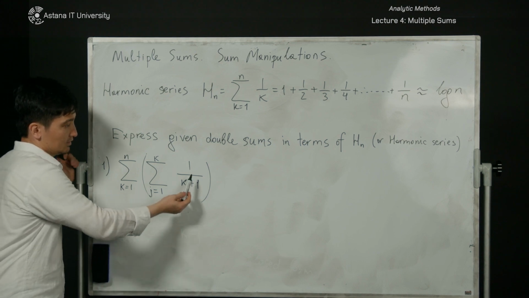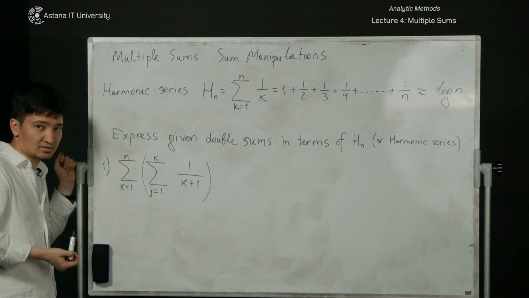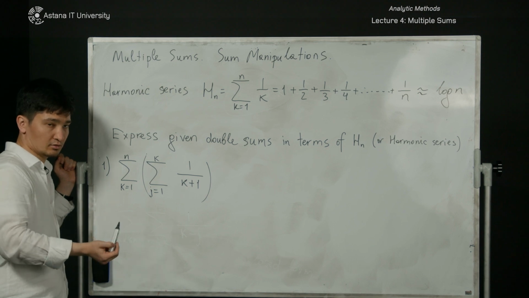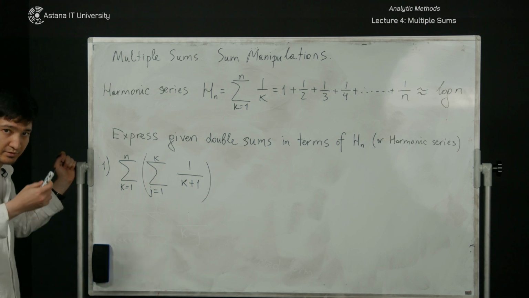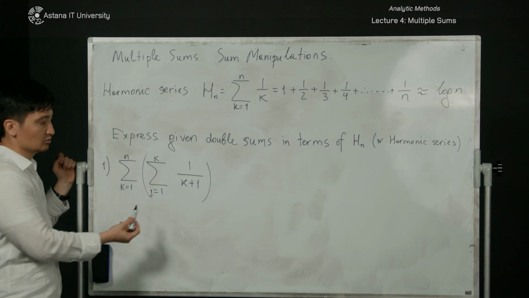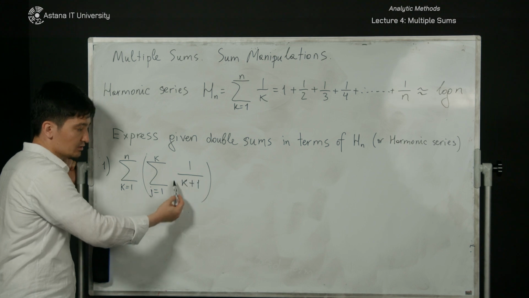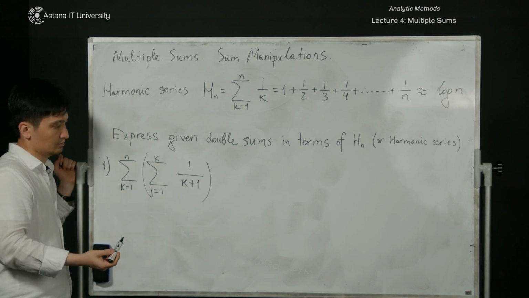But in the term itself, under the sum, you don't see any j. What does it mean for us? Well, it actually simplifies the problem. Why? Because you don't have the j, there is nothing in this term that changes according to j, right?